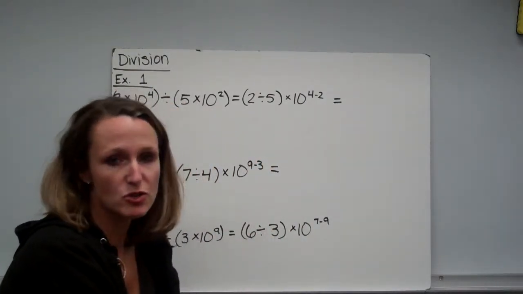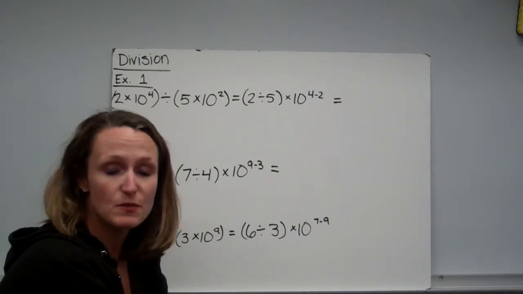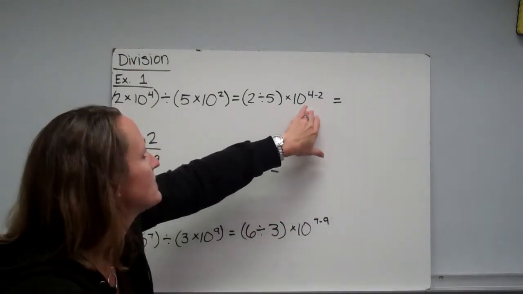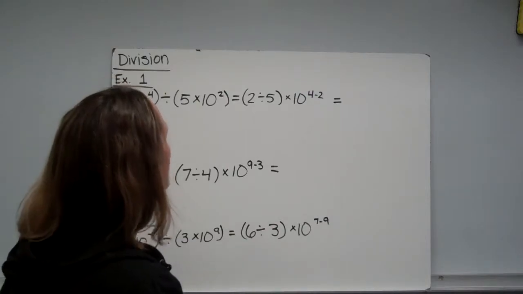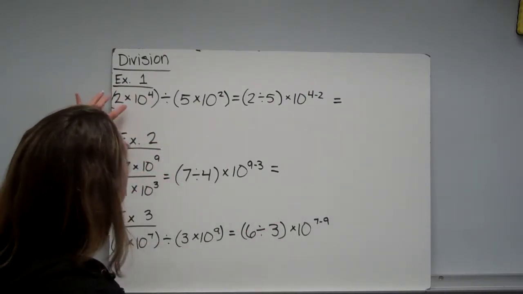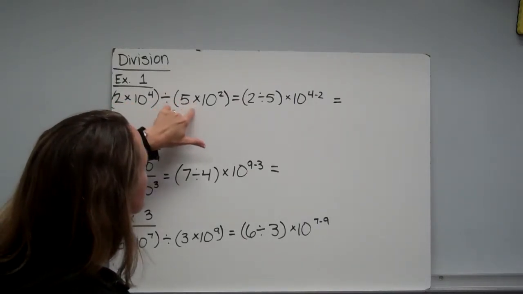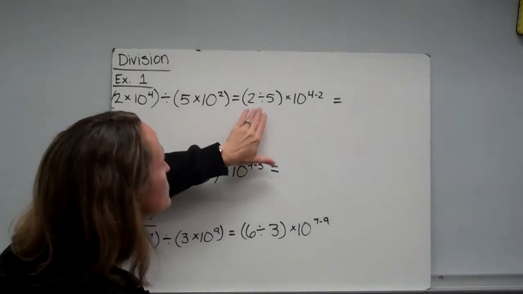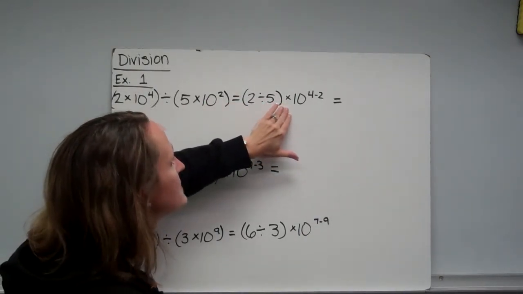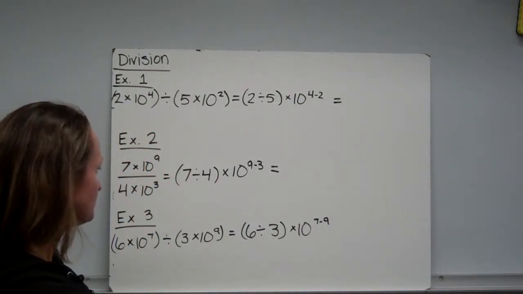Same thing, you're going to use your exponent rules. You know that when you divide with exponents, you subtract the exponents if you have the same base 10 power. So, if we had 2 times 10 to the 4th divided by 5 times 10 to the 2nd, you want to do 2 divided by 5 times 10 to the 4 minus 2.